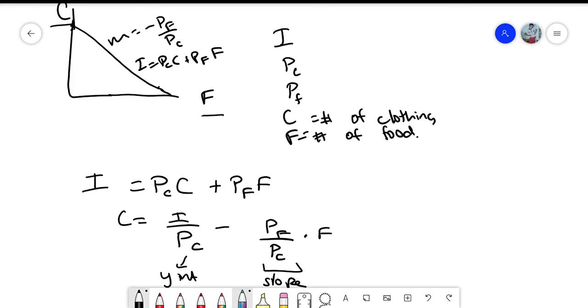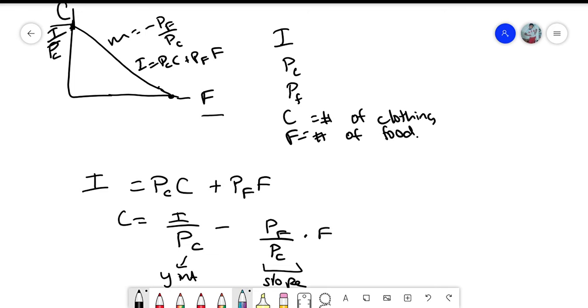The maximum number of clothing I can buy equals I over PC. This makes sense intuitively: if I have $10 and each piece of clothing costs $2, I can buy 5, because 10 divided by 2 is 5. So you get the income divided by the price of the good.